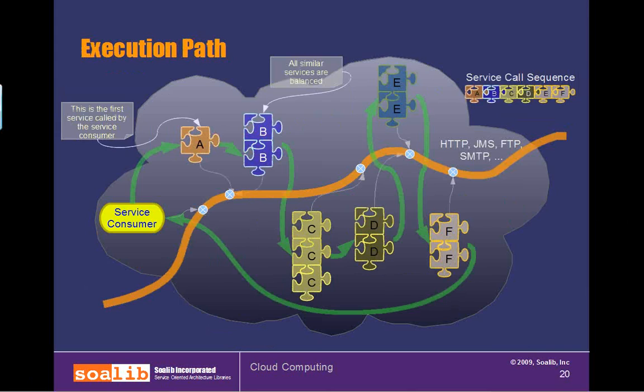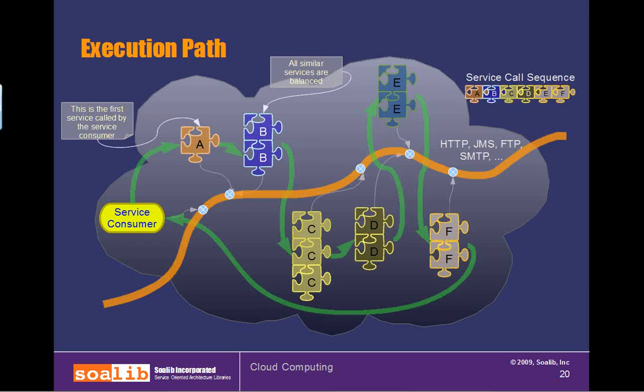On the right side corner, you see the service call sequence. In the service call sequence, we have A, B, C, D, E, and F. Each of these services is called sequentially. And the execution path is service A calls service B, and you have seen that service B is stacked.